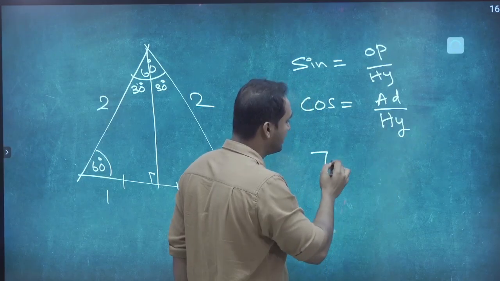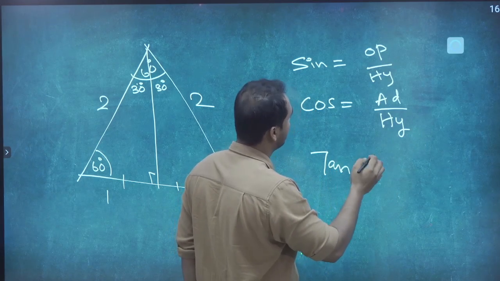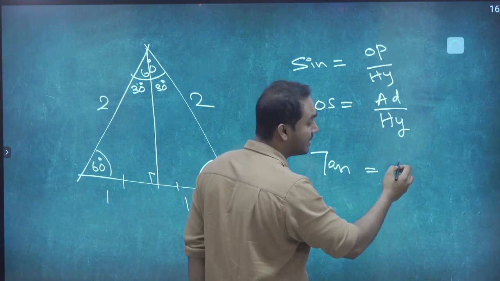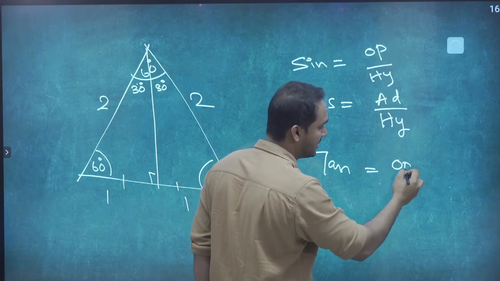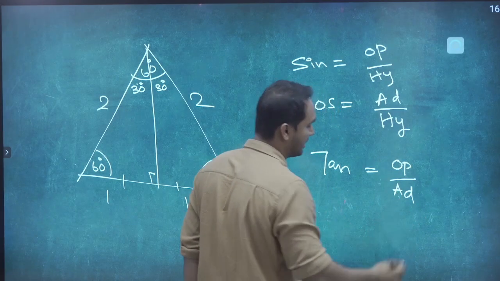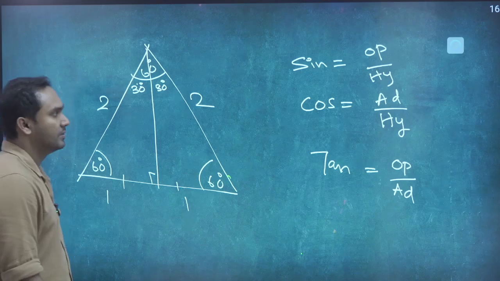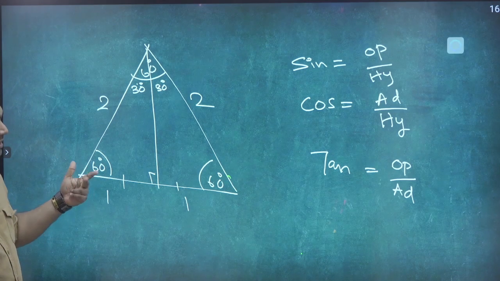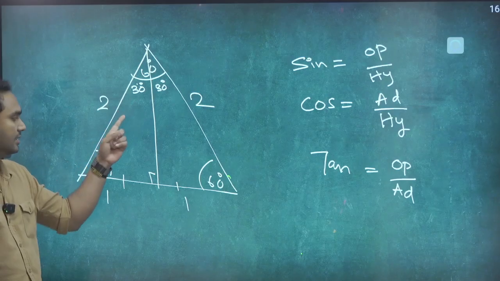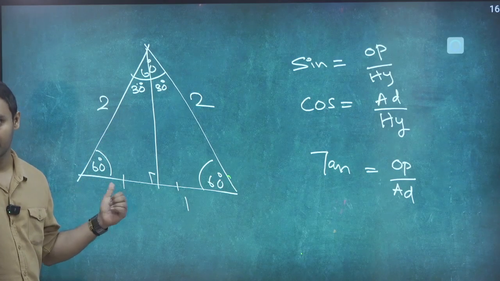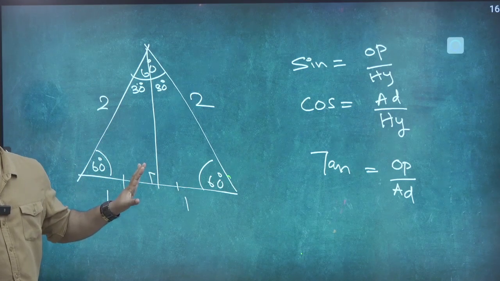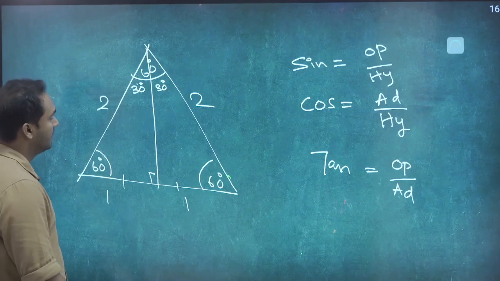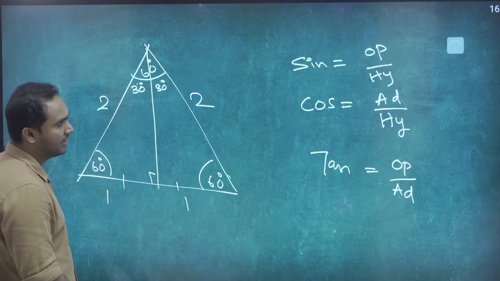And tan is? Opposite over adjacent, exactly. So we are going to find the sine, cos, tan values of 30 degrees and 60 degrees using this triangle, right?